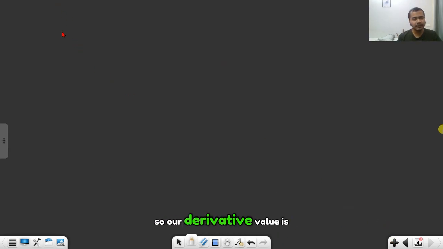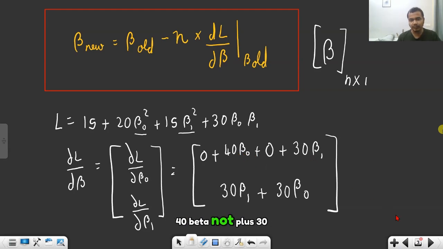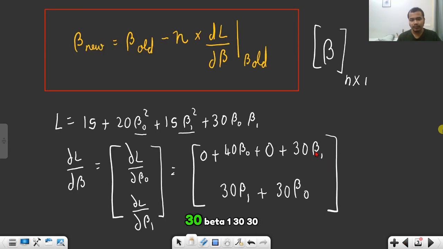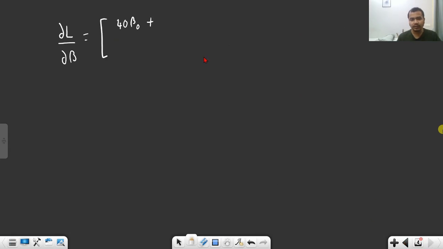So our derivative dL by d beta is a vector: 40 beta naught plus 30 beta 1, and 30 beta naught plus 30 beta 1. This is our derivative.